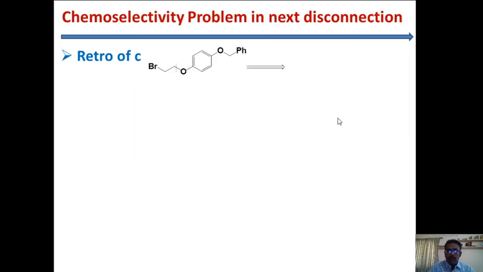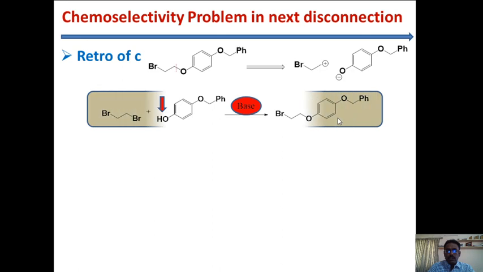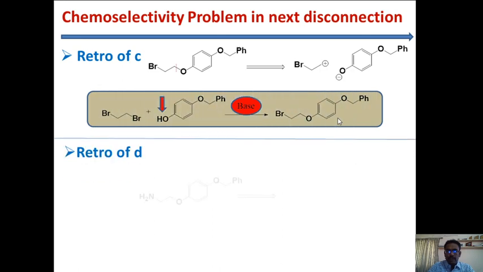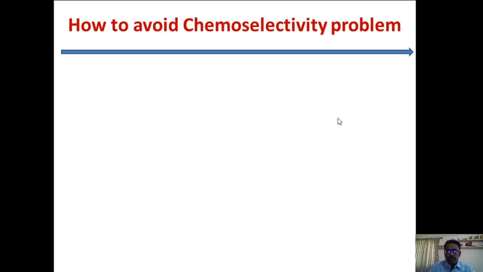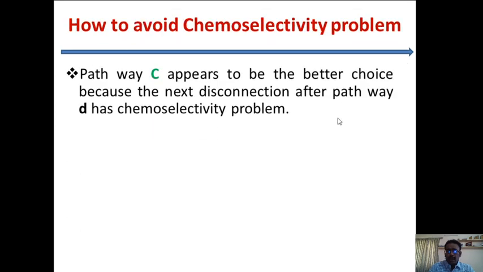But when you go further, we have the chemoselectivity problem in the case of pathway D. That's why we eliminate pathway D. So pathway C appears to be the better choice because the next disconnection after pathway D has a chemoselectivity problem.